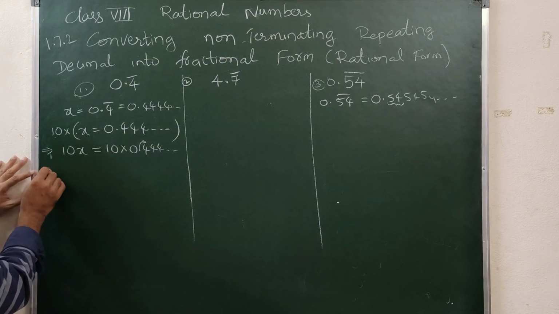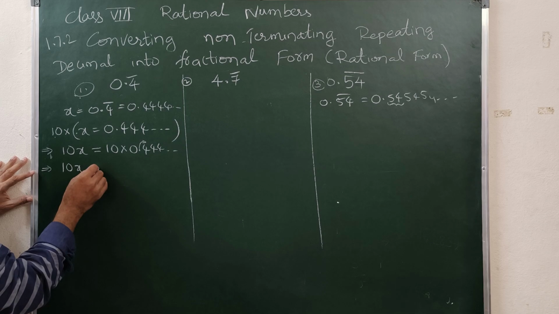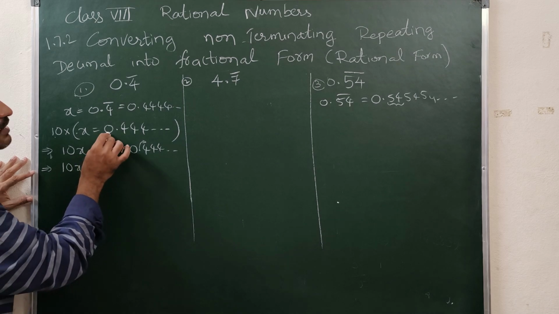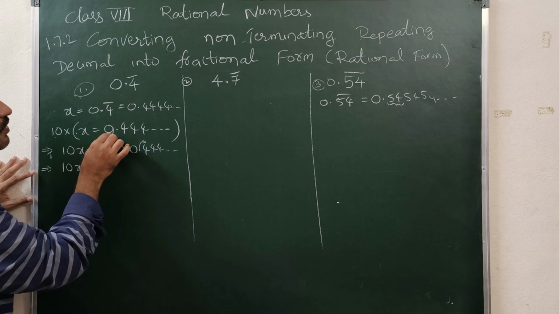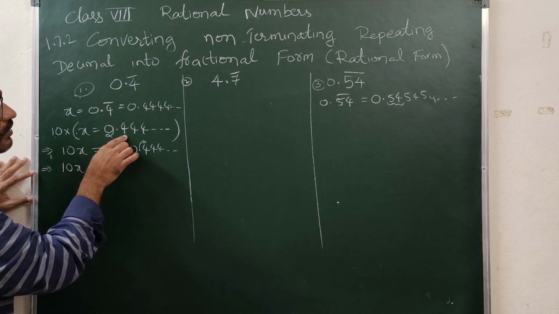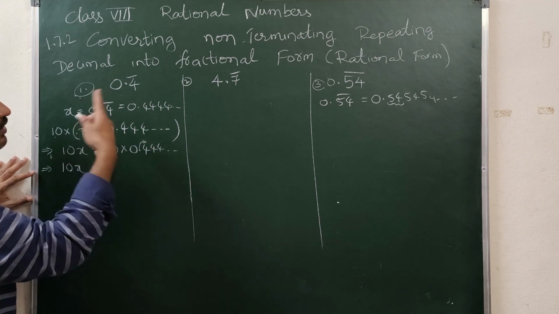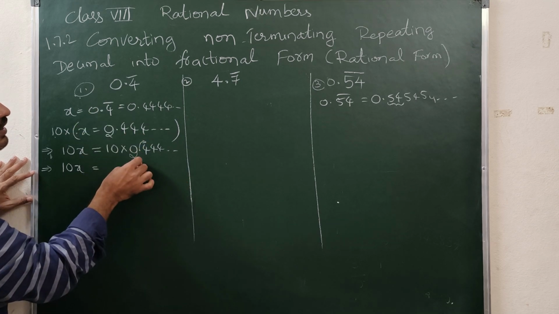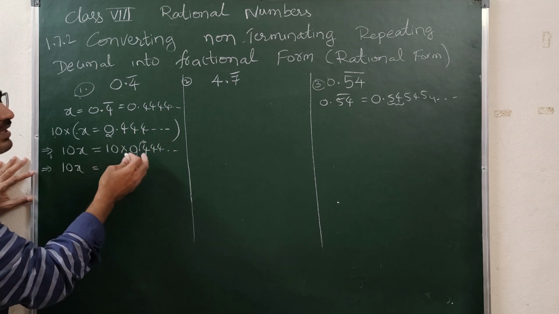So 10x is equal to... if instead of 0 it were 2, how would it look? 2 becomes 20, so 2.4 becomes 24. The value increases 10 times.